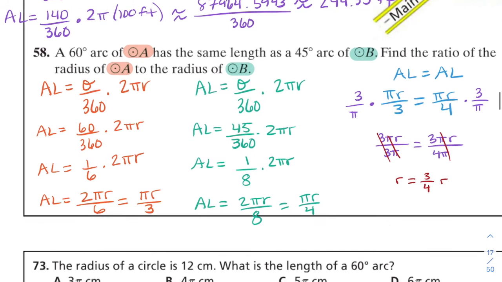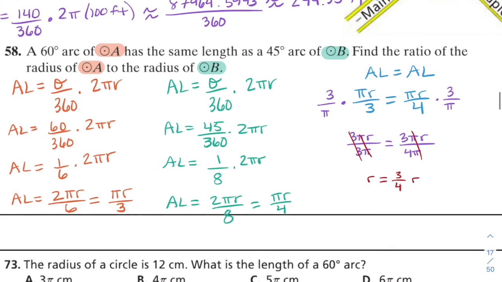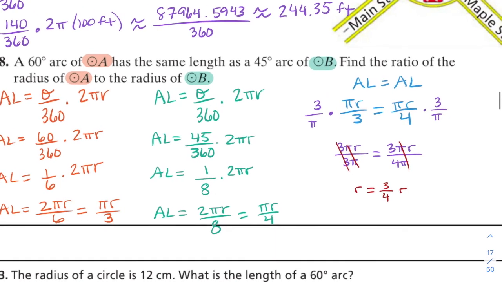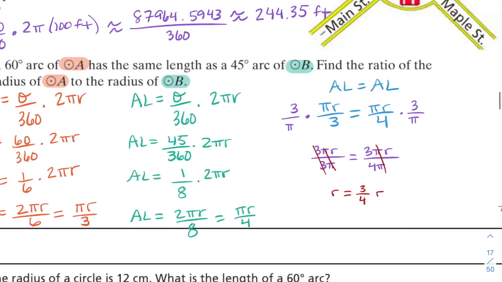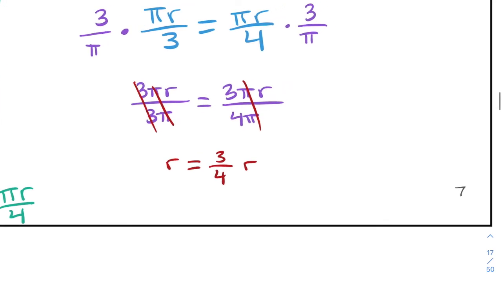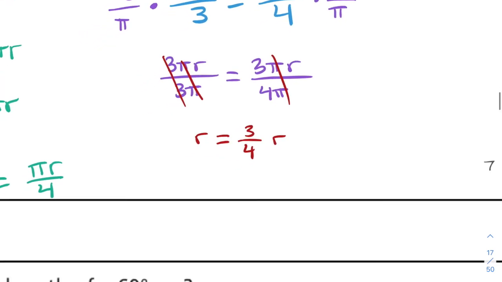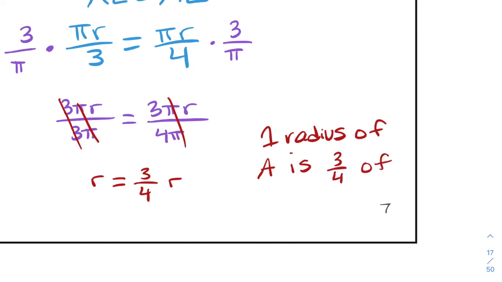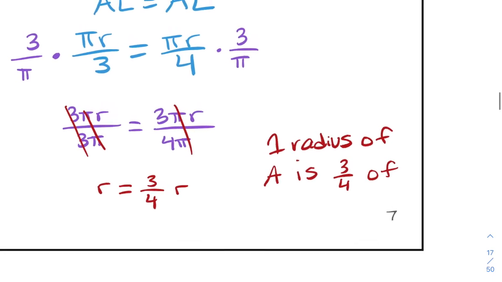So here's a ratio. One radius is equivalent to 3/4 of the radius of the other. So find the ratio of the radius of A to the radius of B. So we can say one radius of A is 3/4 of B. Wait a minute.